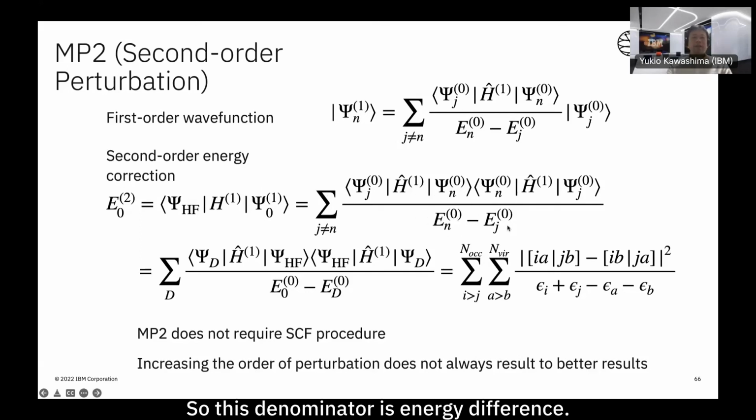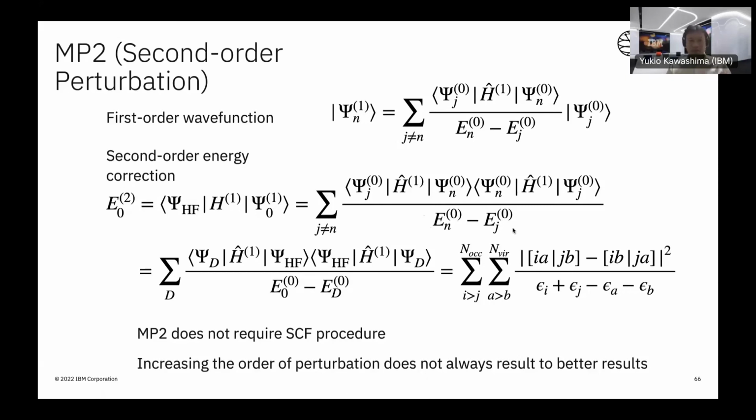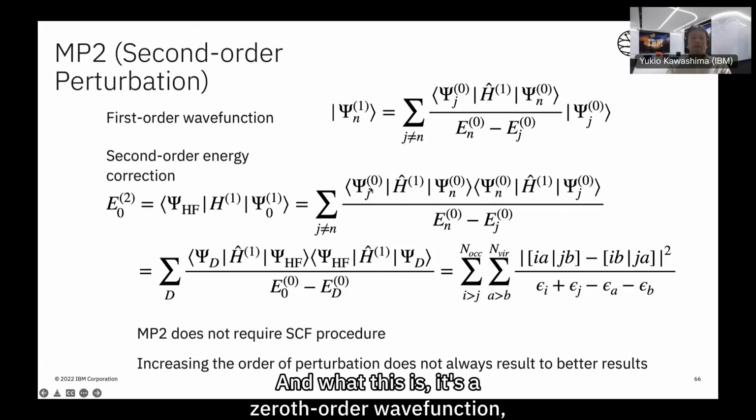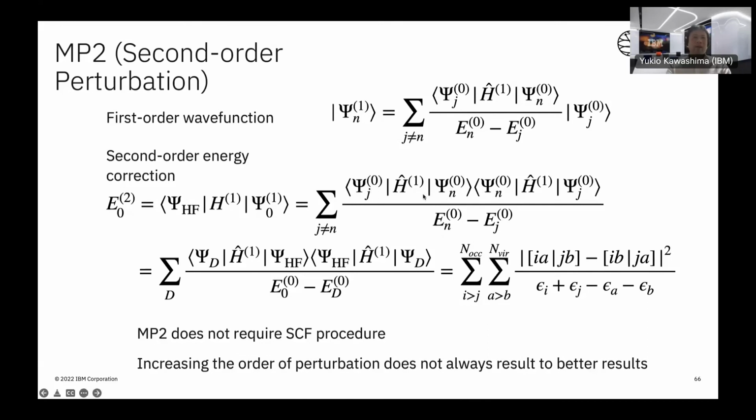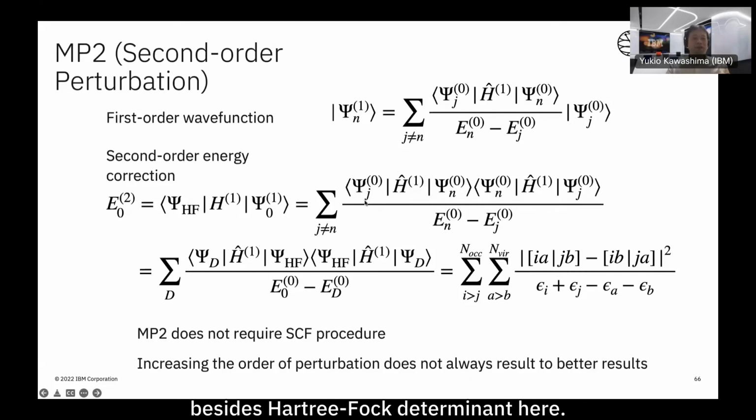So this denominator is the energy difference at zeroth order. So what that is, it's a difference in orbital energies. And what this is, it's a zeroth order wave function except n. And in this case, it's Hartree-Fock. So what we're saying is that we're going to consider all Slater determinants besides the Hartree-Fock determinant here.